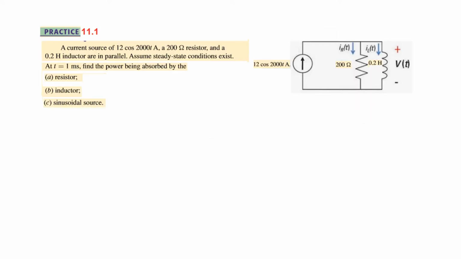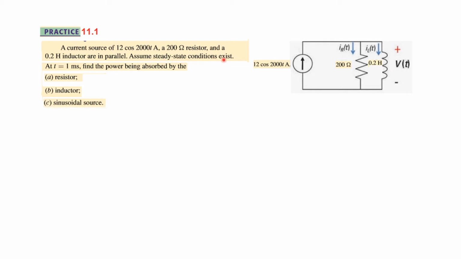Okay, now let's see the practice problem. The practice problem says that a current source of 12 cos 2000t ampere, a 200 ohm resistor and a 0.2 H inductor are in parallel. So the circuit could be drawn like this. We have a resistor and an inductor in parallel, and this is the current source which is supplying the circuit.